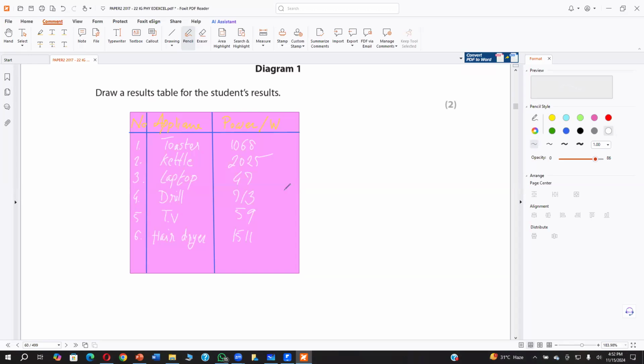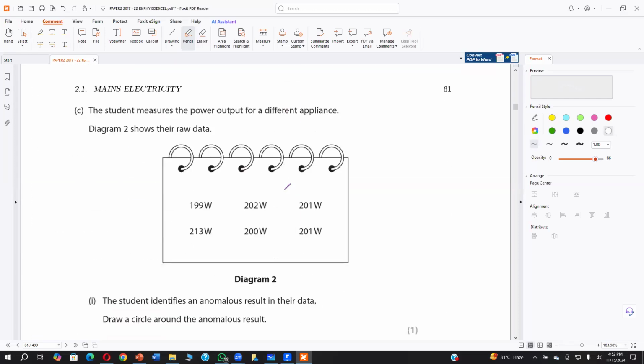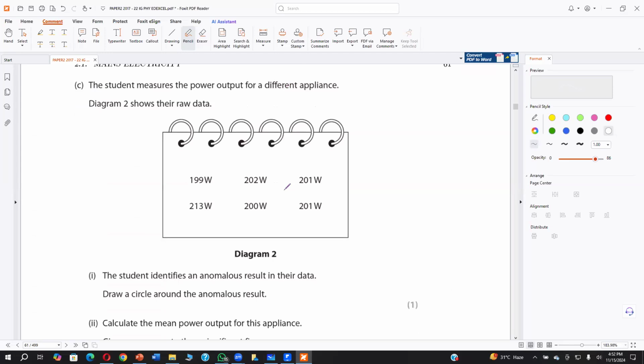Done. Measures the power output for a different appliance. Diagram 2 shows their raw data. Now, a student finds an anomalous result.